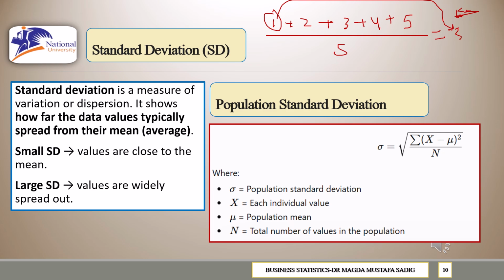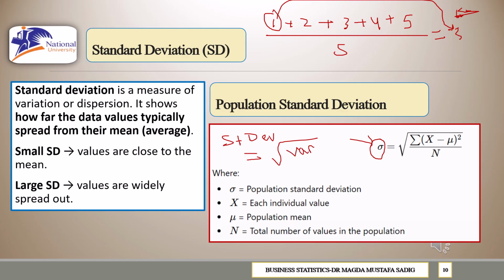The standard deviation is obtained by this formula. Observe that we take here the population standard deviation and we denote it by sigma. Standard deviation is the square root of the variance.